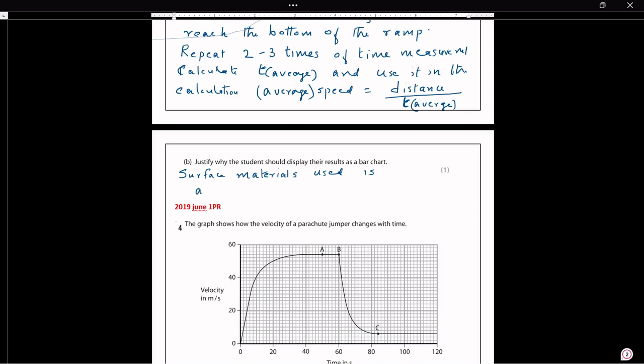It's a discontinuous variable. Usually a line graph is for continuous variables, but this is a discontinuous variable.